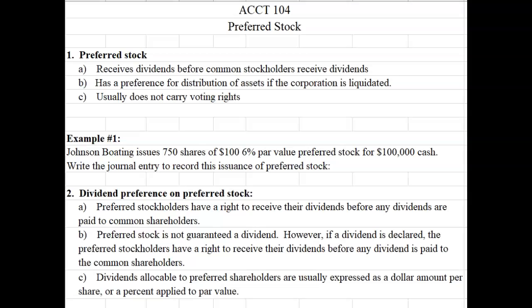In this video, we'll discuss preferred stock. As always, you will get the most value from these study guide exercises if you will take the time to pause the video and prepare your calculations and journal entries. Then start the video again to check your work. If you got it right, you'll feel great.